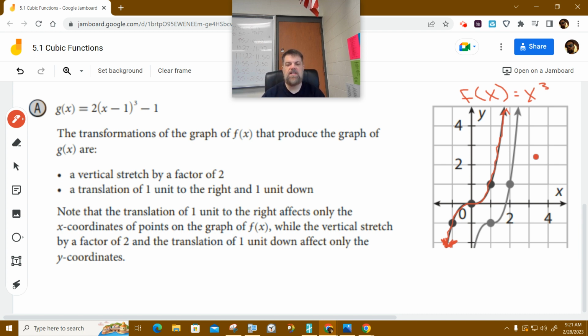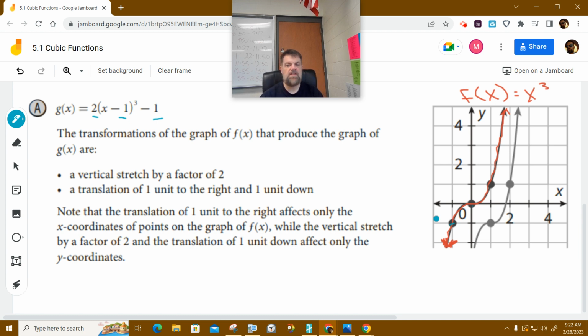So now if we look at this, there's some things that are going on. They tell us that the graph is this, right? But let's look at what's really going on. I'm not going to tell you. I want you to observe. So look at the two functions.